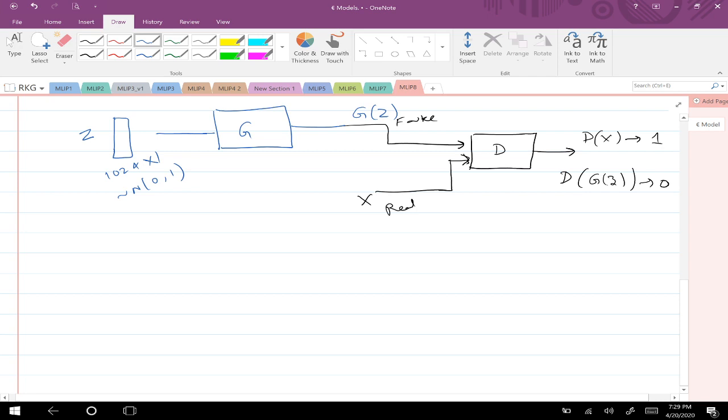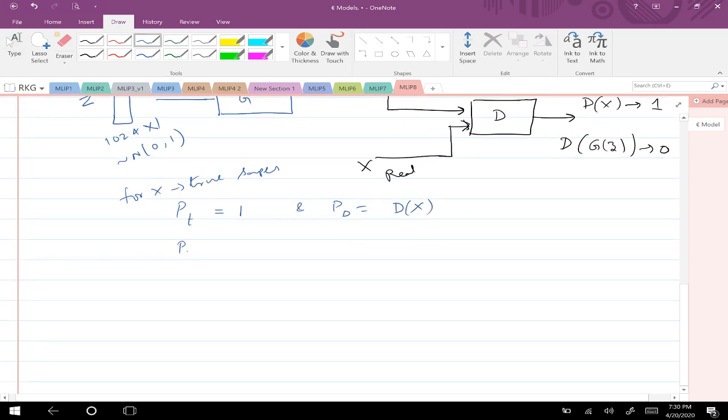One job is, for x being a true sample, p of t is equal to 1, and the probability from the discriminator in this case is d of x. So for a true sample the output is 1.